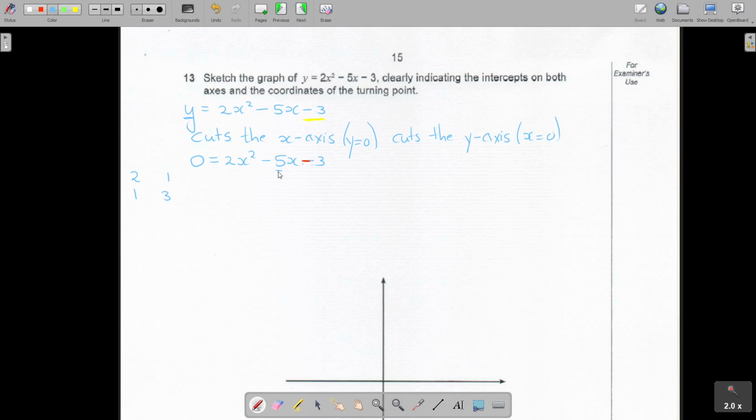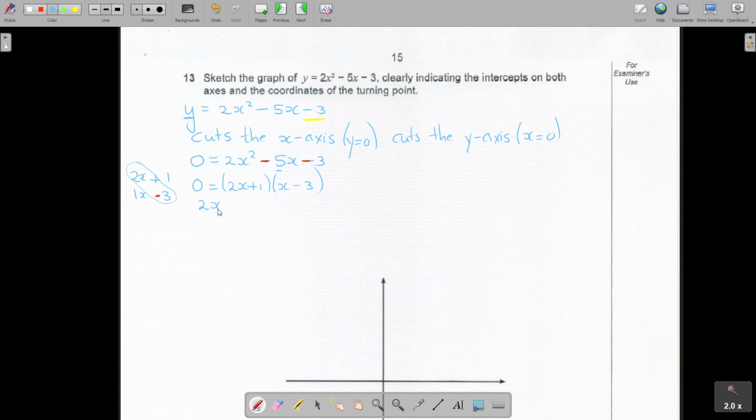Then the biggest cross product will take the middle sign because the signs will be different. And then the other one will be a positive. So if I factorize it, I'm going to get 2x plus 1 and x minus 3.